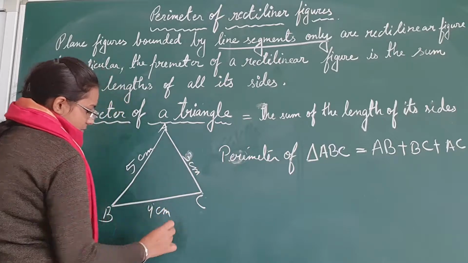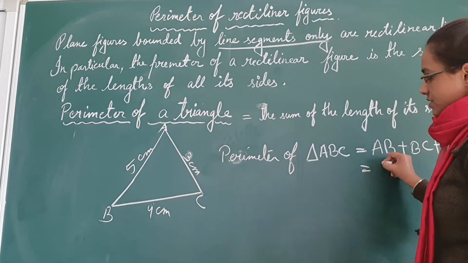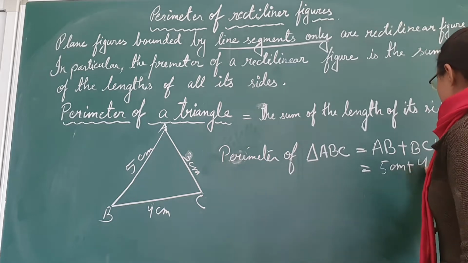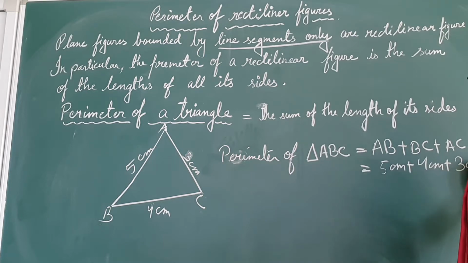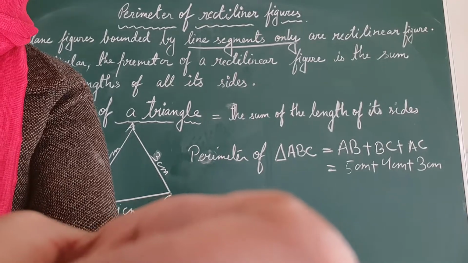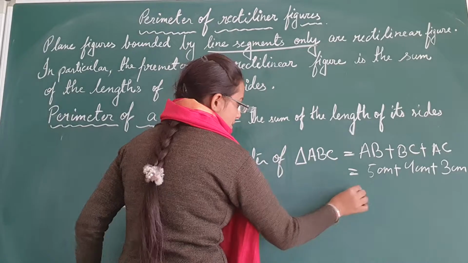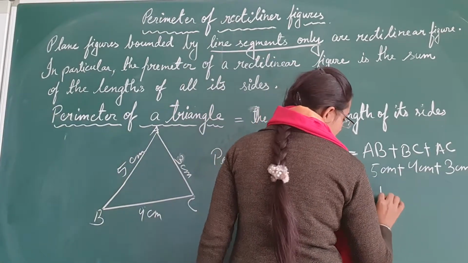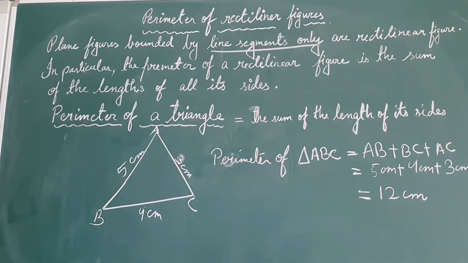So length of AB line segment is 5 centimeter, length of BC 4 centimeter, and length of AC line segment is 3 centimeter. So to find out the perimeter, you have to add up this: 5 plus 4 is 9, 9 plus 3 is 12. So 12 centimeter is the perimeter of the given triangle here.